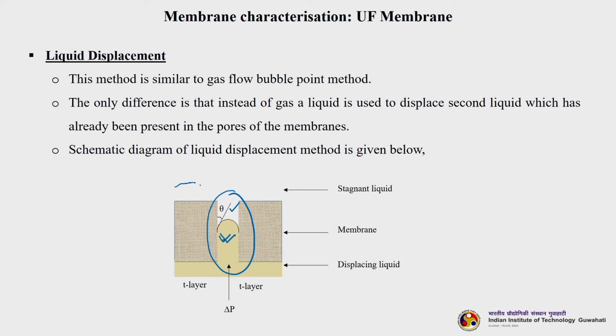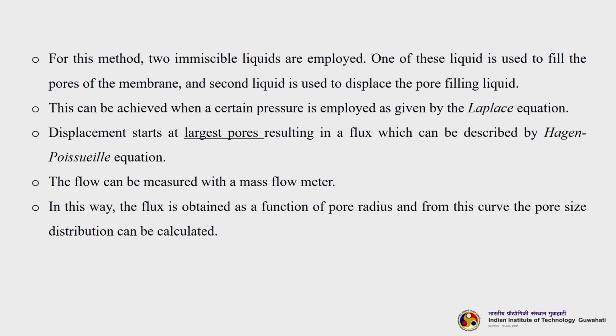Here there is a stagnant liquid that is present, and this liquid is pushing and displacing the liquid which is already filled inside the pores. This is a simple method, just like the air bubble point permeation. However, the condition is that two immiscible liquids should be employed, completely immiscible liquids.